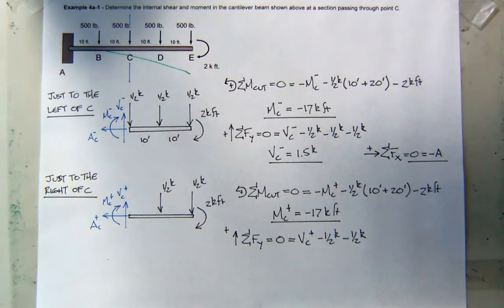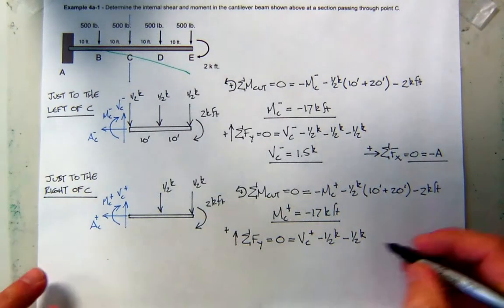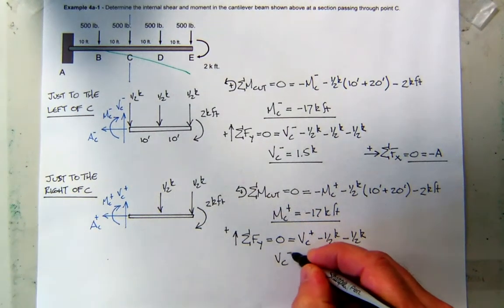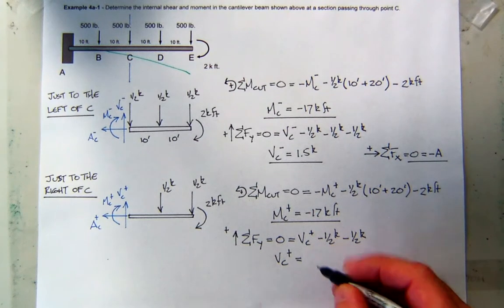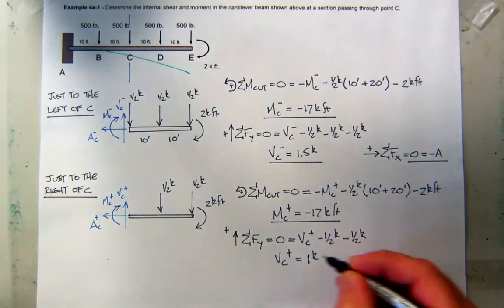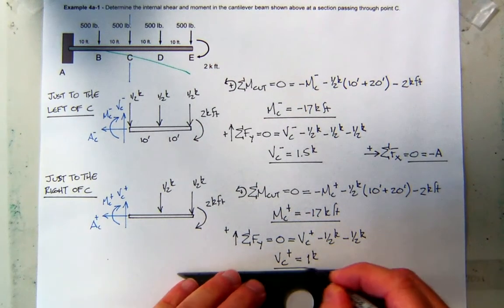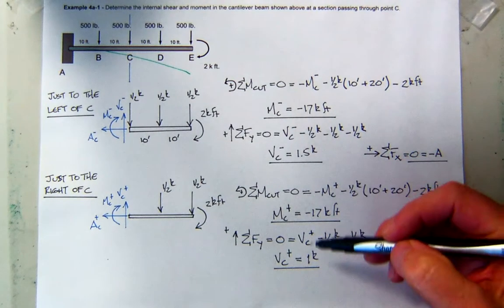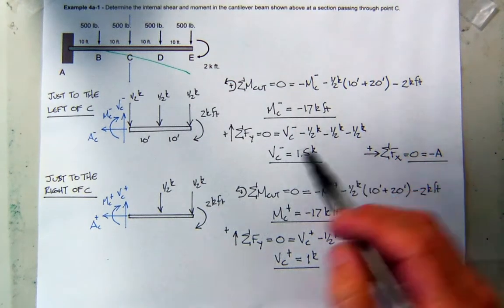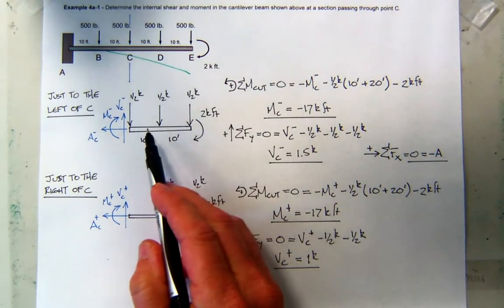And I think that's it. So it looks like the shear at C just to the right is equal to 1. So it does make a difference in the shear value depending on where you cut it.